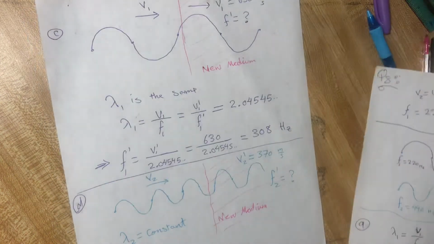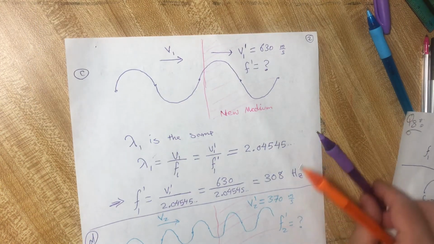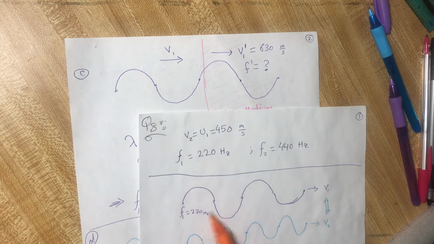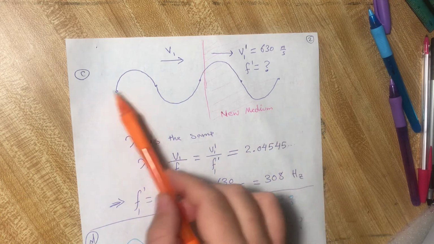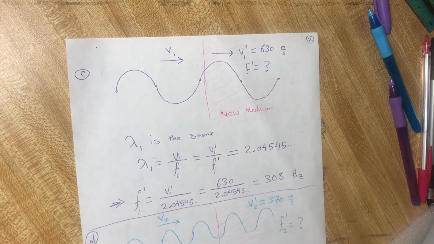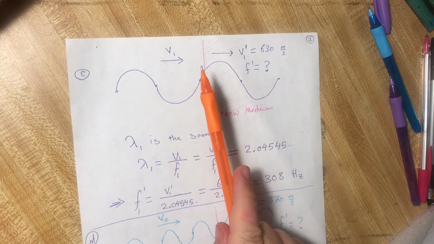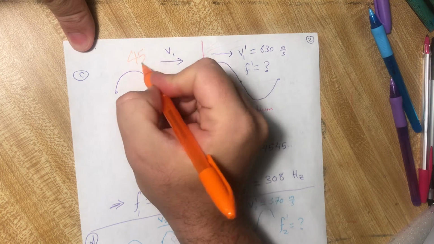Okay, what else? B. If I change the system now, if the first wave, this one, enters a new medium when it moves, okay? By the way, I'm sorry about the bad English sometimes. V1, we know V1, it is 450.